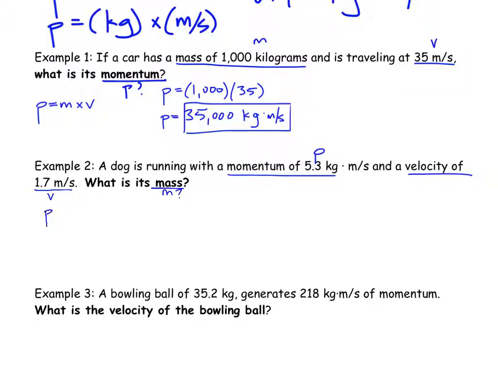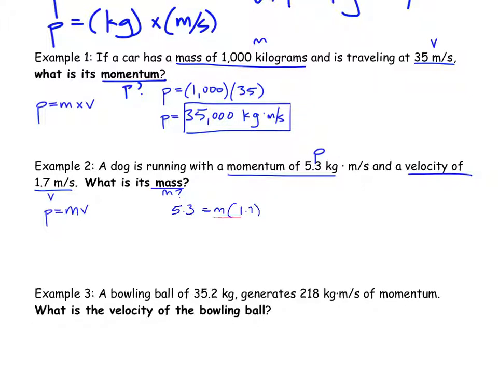So your equation is p equals mv, mass times velocity. This time it gives you p, the momentum, as 5.3, and I'm solving for the mass, so mass is unknown and I'm going to rewrite it as an m, and velocity is 1.7. If I want to get m by itself, then I need to move 1.7 to the opposite side.